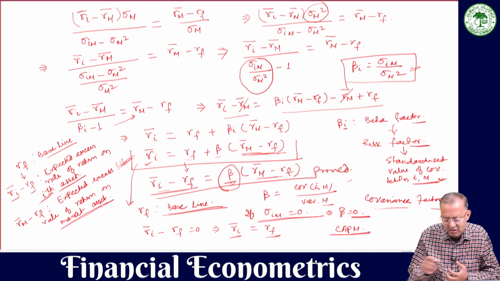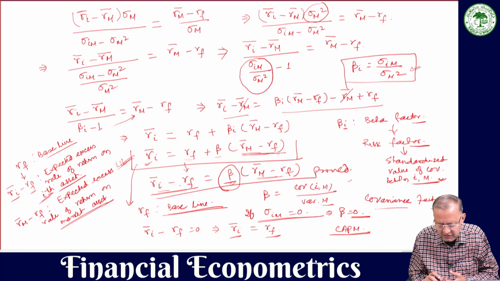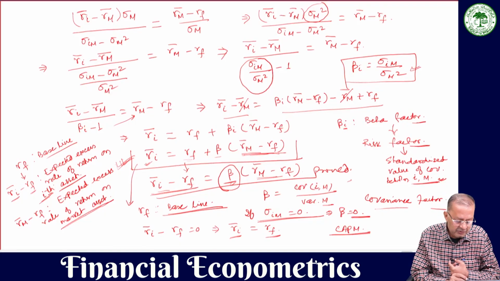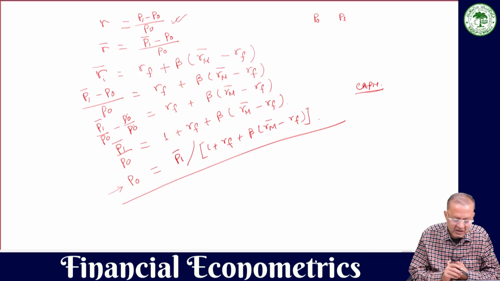All these results are in terms of the expected rate of return on either the overall asset or the ith asset and the market asset, but it does not talk about the price factor. There is no mention of price explicitly in the equation, and the name of the model is capital asset pricing model.